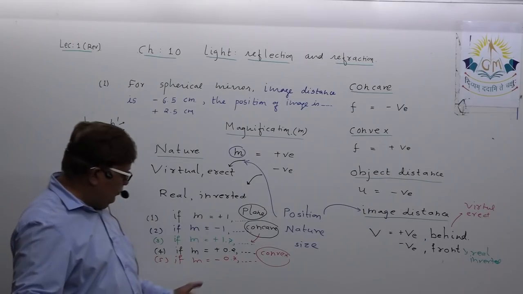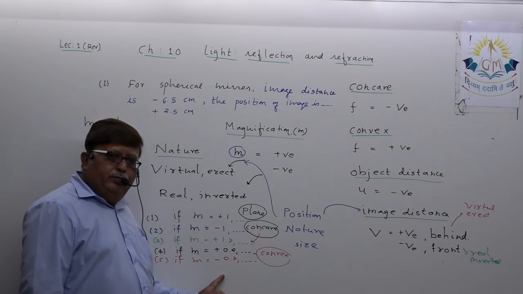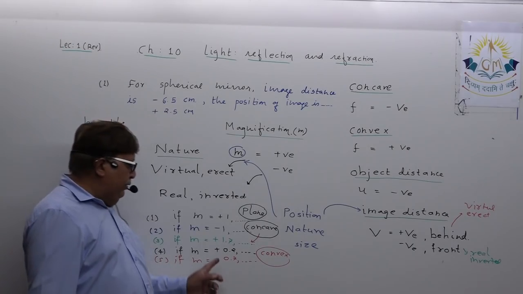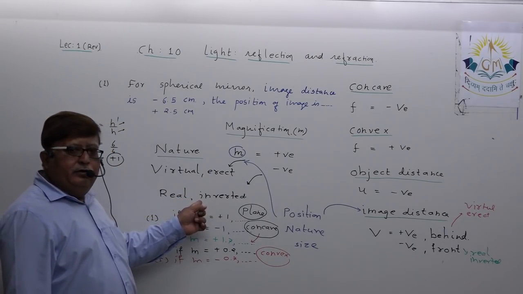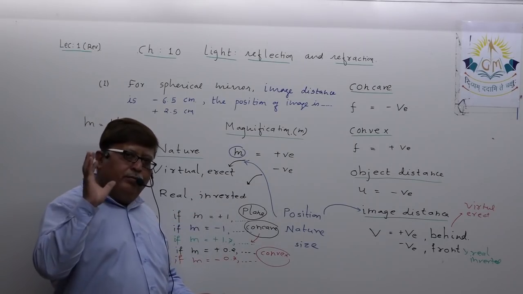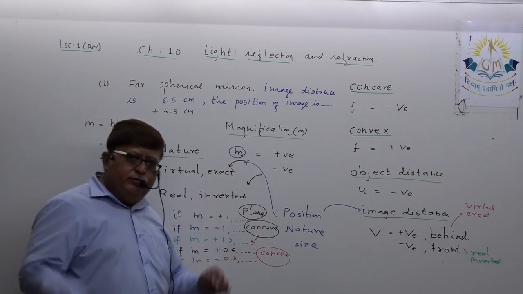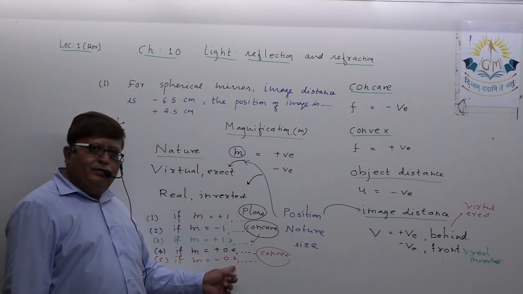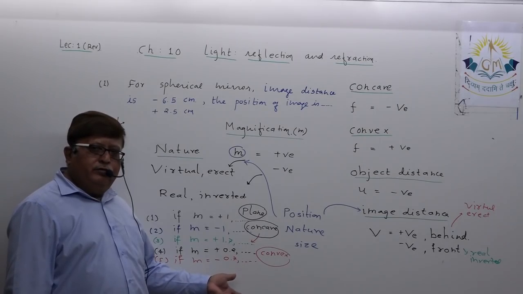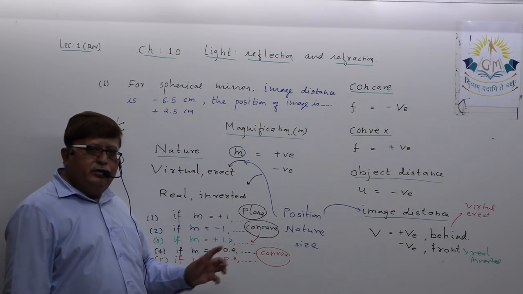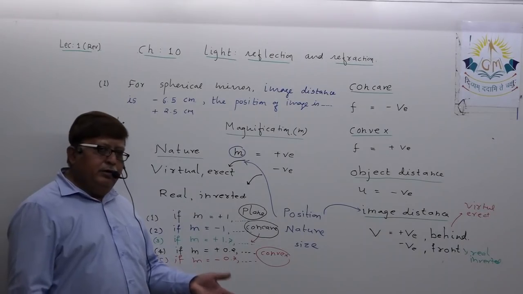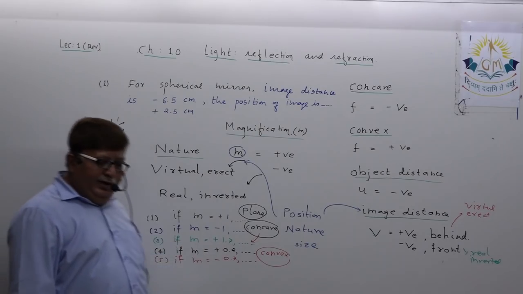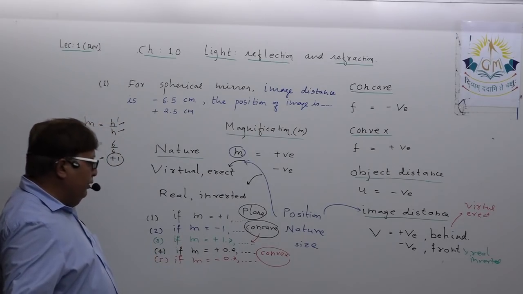Because the value of magnification is negative, that means negative means real inverted. This word needs to blink in your mind when you are conceptually stronger. Negative, real inverted, less than 1 smaller. Which mirror produces a real, inverted and smaller image? Concave mirror. Understand? This way, dear student, MCQs can be designed.